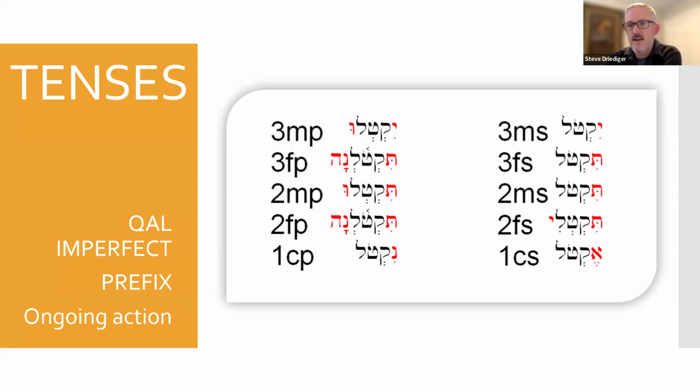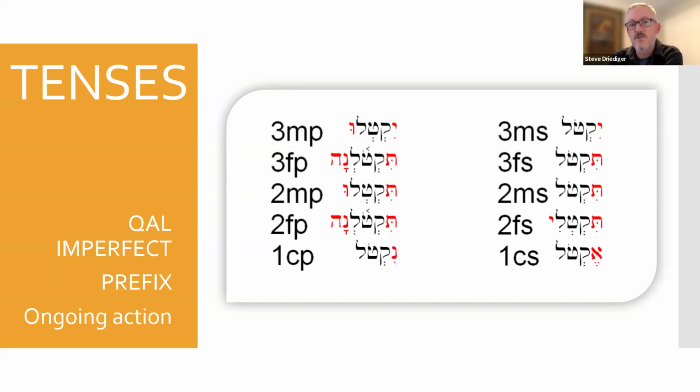If you wanted to spend some time analyzing, you could see some vowel patterns happening there, particularly the holem over the tet in all but the second feminine singular form. It's not totally random, but sometimes the changes seem weird. Third masculine plural, yiktalu. Third feminine plural, tiktolna. Second masculine plural, tiktalu. Second feminine plural, tiktolna.